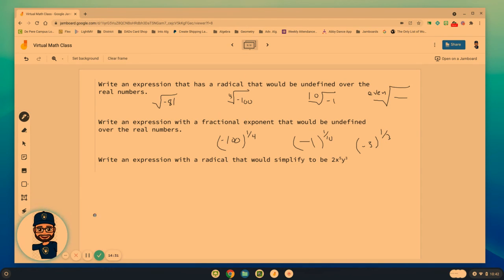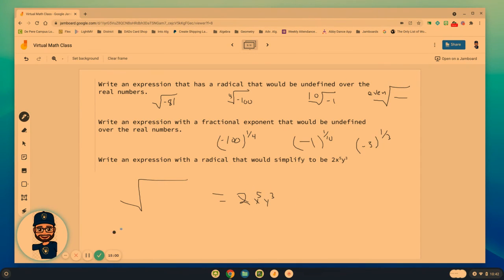Now the last one wants us to take a radical, some radical, could be the third, the fourth, the squared, whatever, and we want the answer to end up being 2x to the 5th y to the 3rd. So I want to take maybe the square root, maybe the third root of something to get this answer.